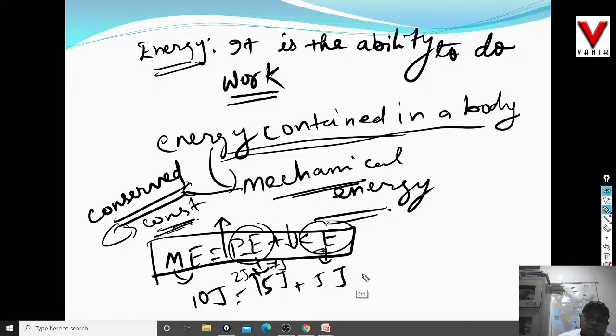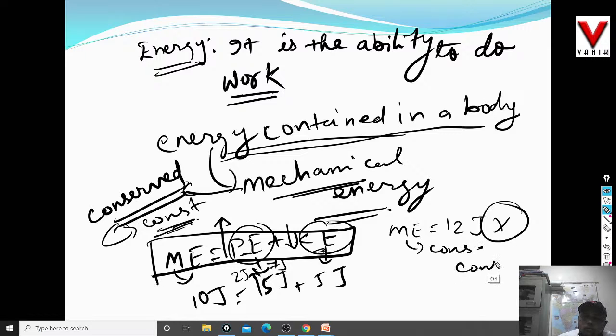But if I keep my kinetic energy constant, the new mechanical energy will be 12 joules, which is absolutely wrong. Why? Mechanical energy is always conserved, so the value has to be constant. If potential energy is increasing by 2 joules, the kinetic energy has to decrease by 2 joules.